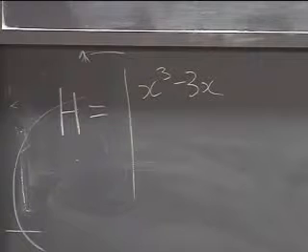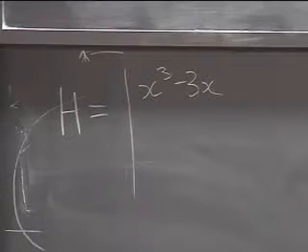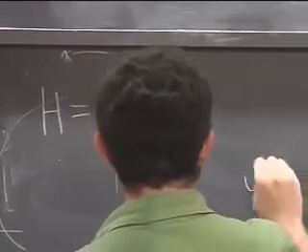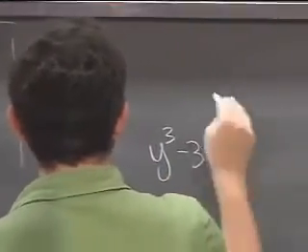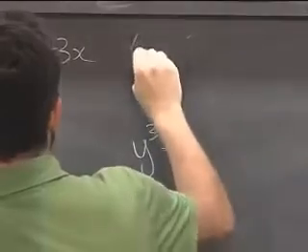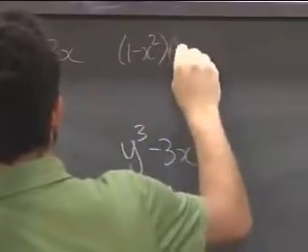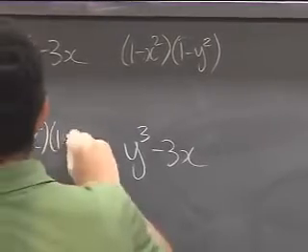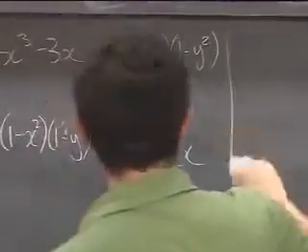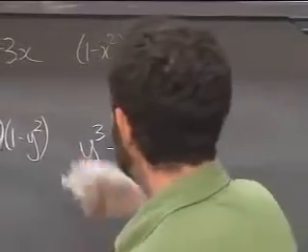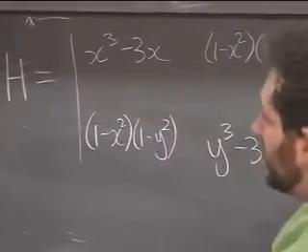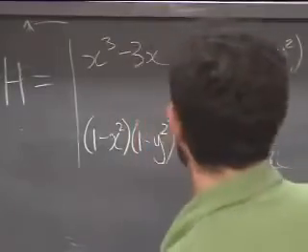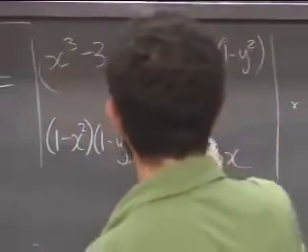Was it x cubed minus 3x? Yes, excellent. So it's x cubed minus 3x, then y cubed minus 3y, and then 1 minus x squared, 1 minus y squared, 1 minus x squared, 1 minus y squared, and there's also a harmless factor in each of these of e to the minus x squared plus y squared over 2. Probably I should have written it in each one.